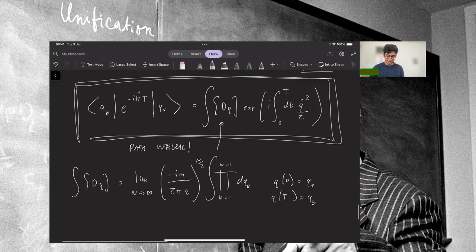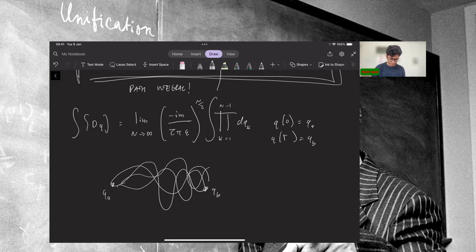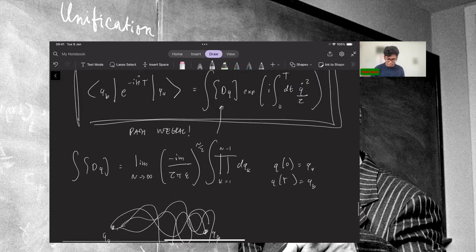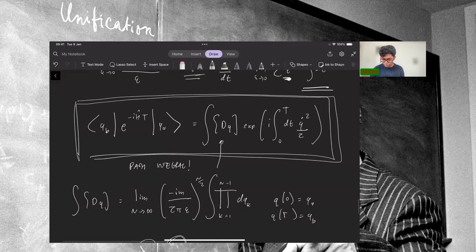In other words, this is saying sum over all the paths going from qA to qB, sum over all of them, and for each path, evaluate the integral of e to the i dt q dot squared, then sum all of those up, weighting each of them by the exponential of that integral.